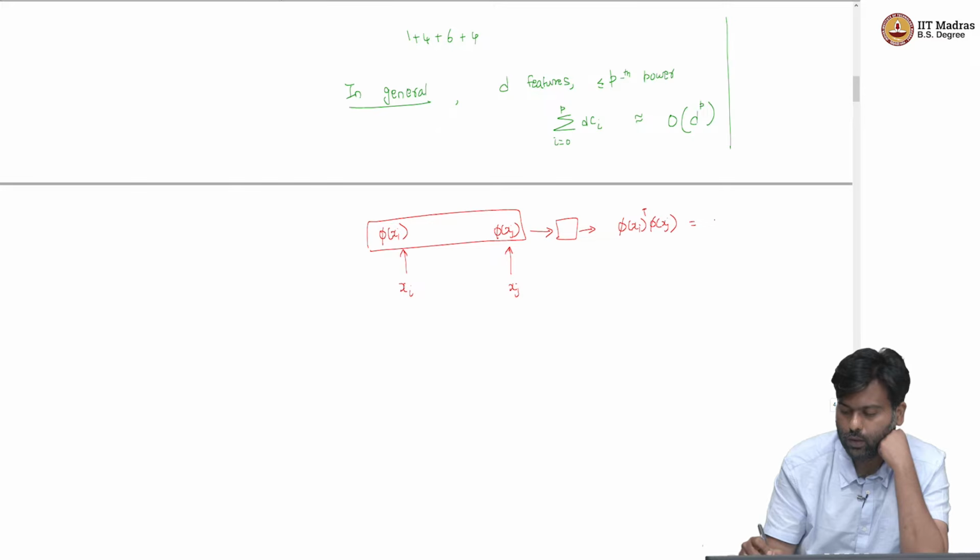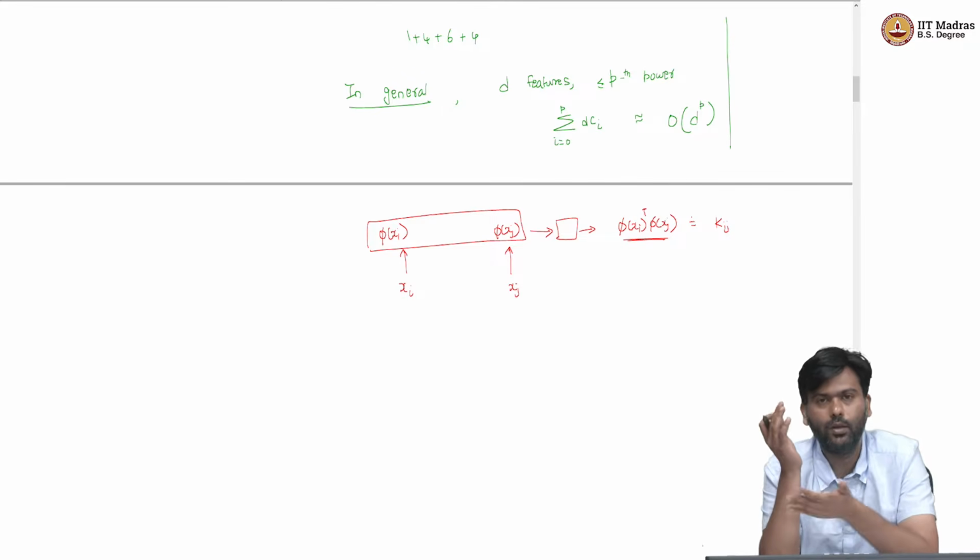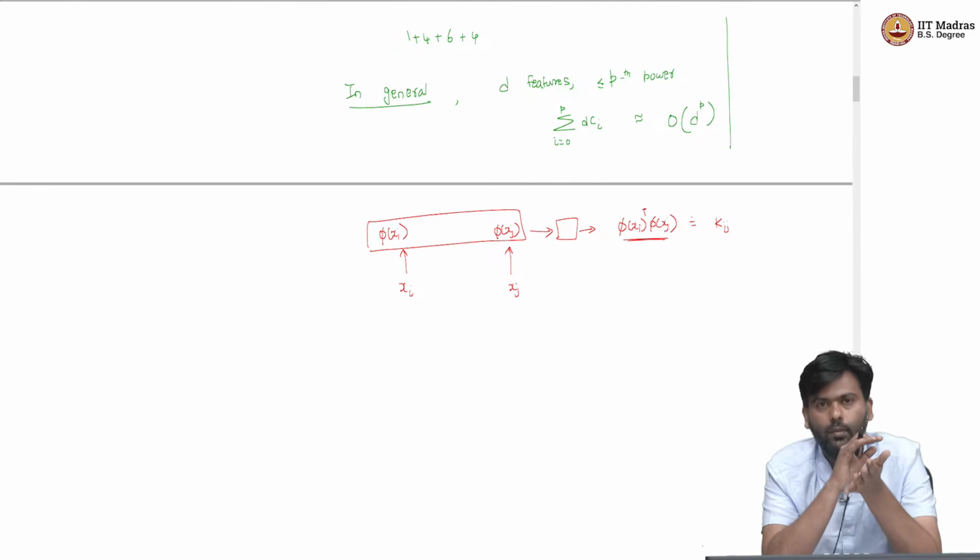Now this would be our Kij, and we will take the eigen vectors of K, right? So which means we essentially need phi of xi transpose phi of xj, right?